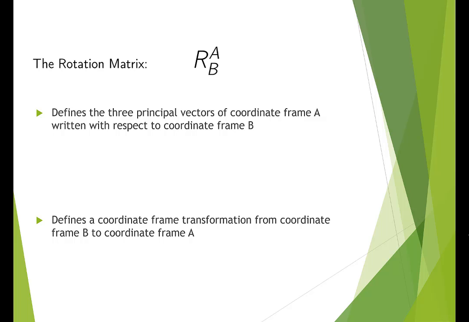There are two ways to look at the rotation matrix. We usually use this superscript and subscript to define what a rotation matrix does. A rotation matrix that's written like this means that it is defining the three principal vectors of frame A with respect to frame B that is rotated.